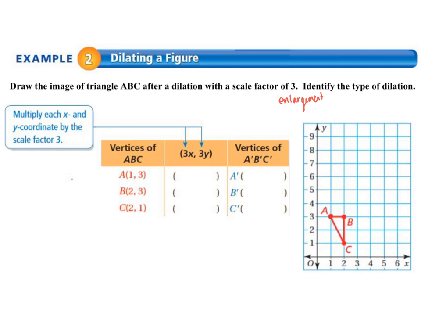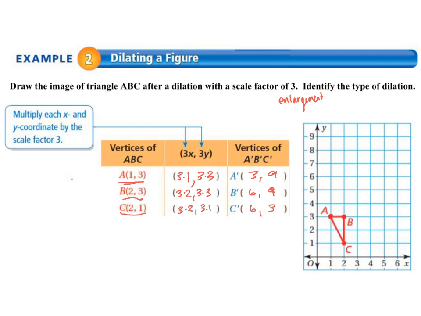And all we have to do is take the original points and multiply each by 3. So it's going to be 3 times the original 1, 3 times 3, or 3, 9. We're going to have 3 times 2 and 3 times 3, or 6, 9. We're going to have 3 times 2 and 3 times 1, or 6, 3.